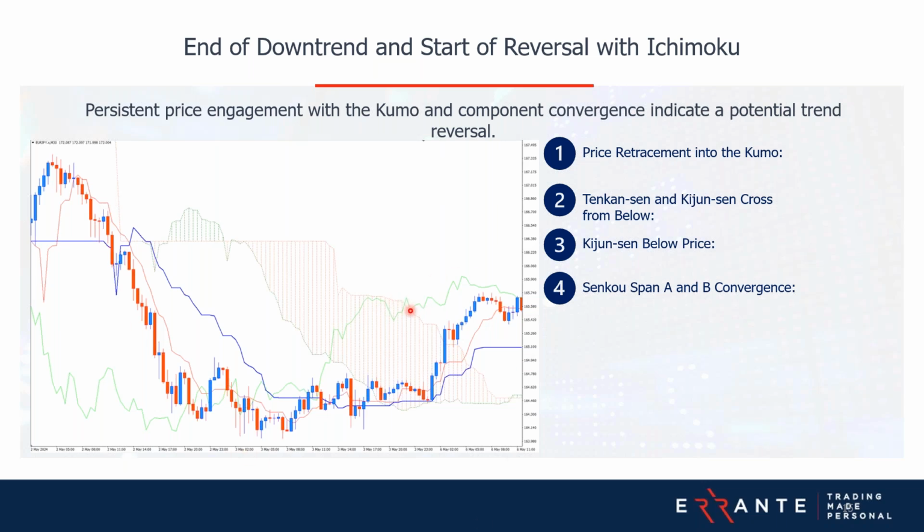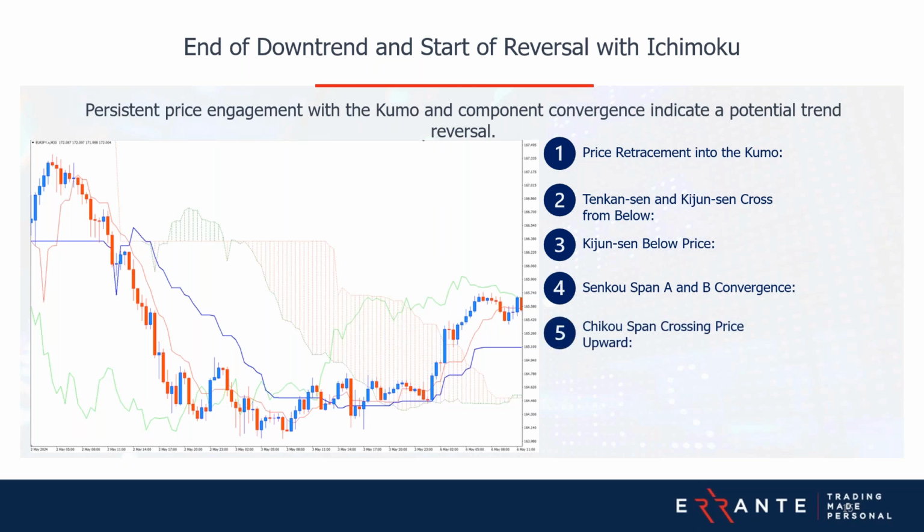We have Senkou Span B getting closer to Senkou Span A because this is a bearish Kumo, and in a bearish Kumo we have Senkou Span B above Senkou Span A, but the lack of momentum causes the convergence between these lines.